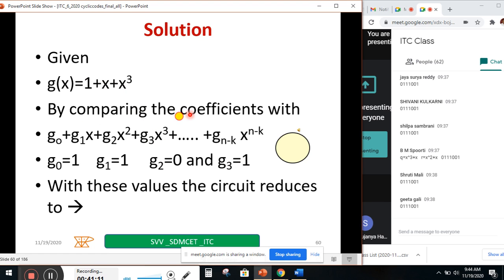Or by comparing the coefficients with the general format, I can write g0, g1, g2, g3. With these values, the circuit reduces to, I'll give another 30 seconds. I want you to copy down this.